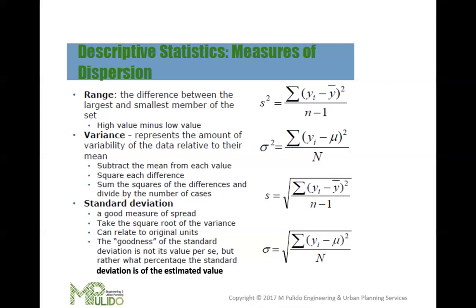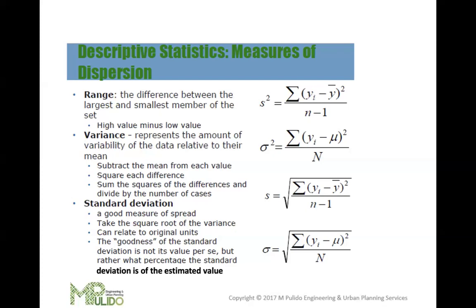I forgot how to name the symbols. So the summation of yi minus mu, squared, over n. So yi is each individual data point, mu is the population mean, and n is the total number of data points.